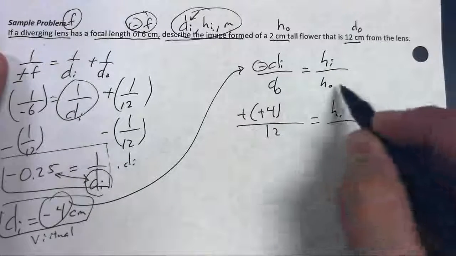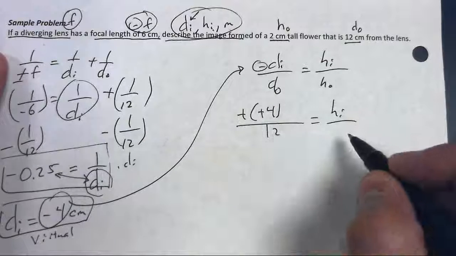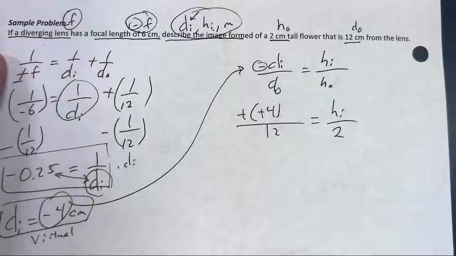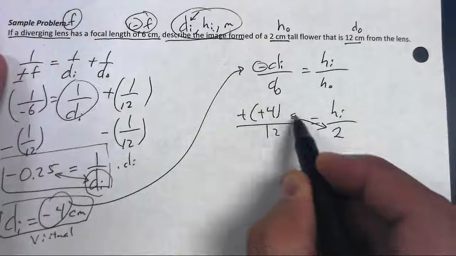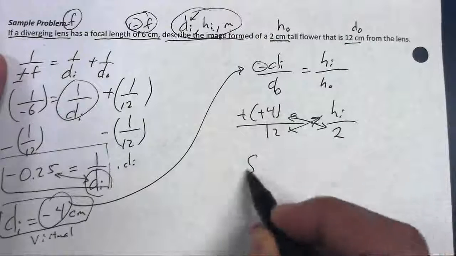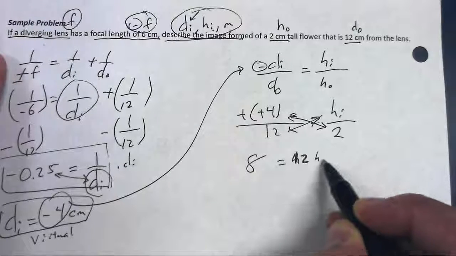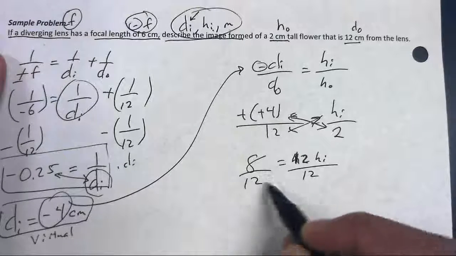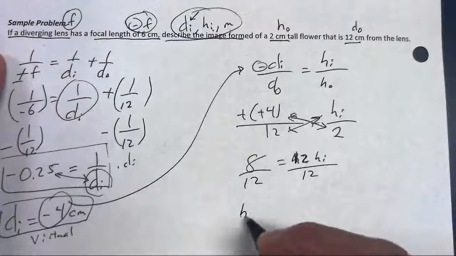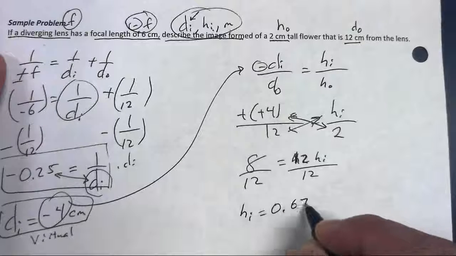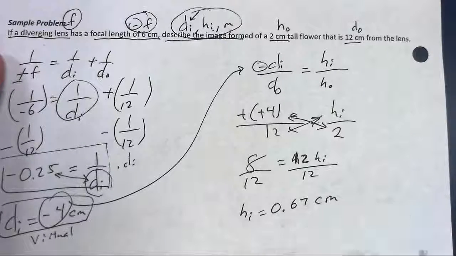HI is what we're looking for, and the height of the object is 2. At this point, you do cross multiply. 4 times 2 is 8, and that equals 12 times HI, and then we would divide by 12, and 8 divided by 12 gives us an image height of 0.67 centimeters.